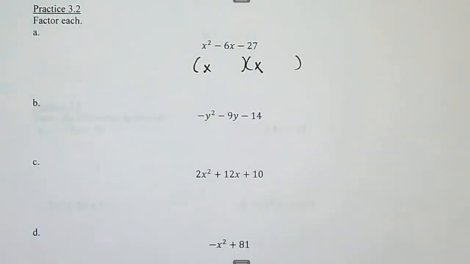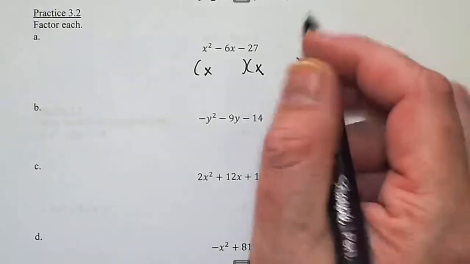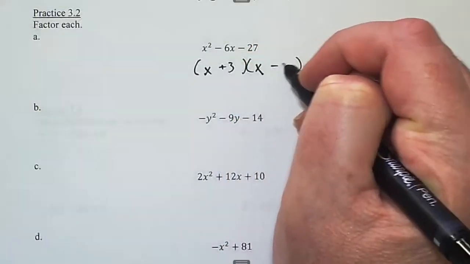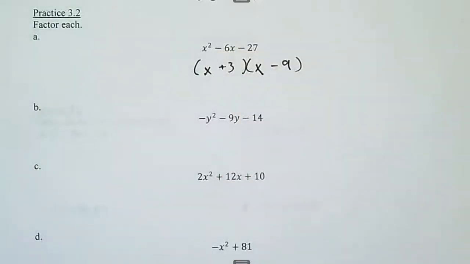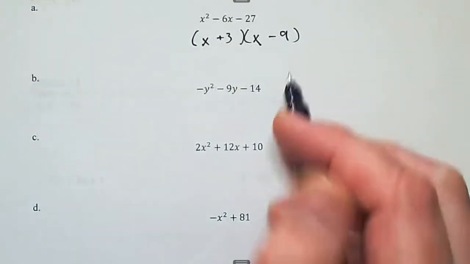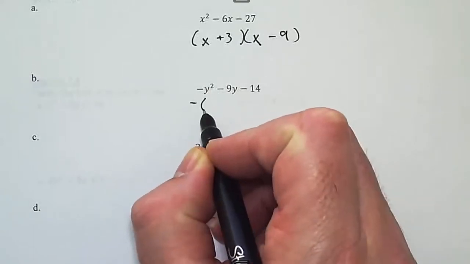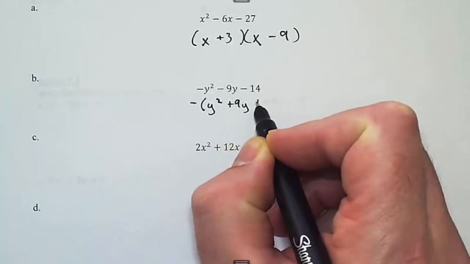So we could use 1 and 27 or 3 and 9, and then I think that's it. So what I'm going to do is plus 3 and minus 9, so that I get a negative 9x plus 3x is a negative 6x. On letter B, again, when we have a negative here, it's always nice to kind of factor that out. So it makes it easier. It's going to change all the signs.